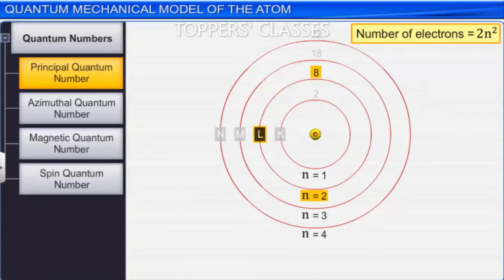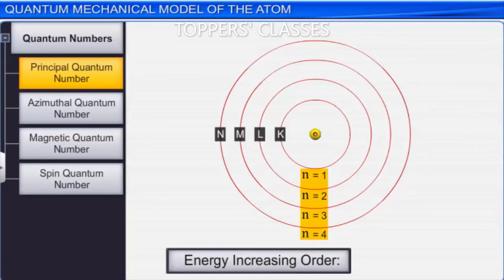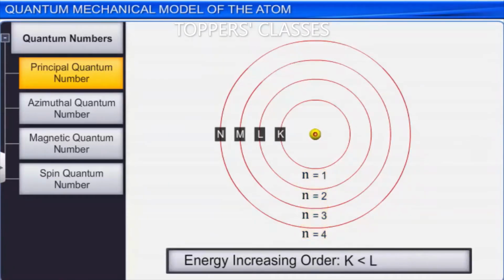The number of electrons in M and N shells will be 18 and 32 respectively. As the energy increases with the increase in n, the energies of the various shells follow the sequence K less than L less than M less than N less than, and so on.